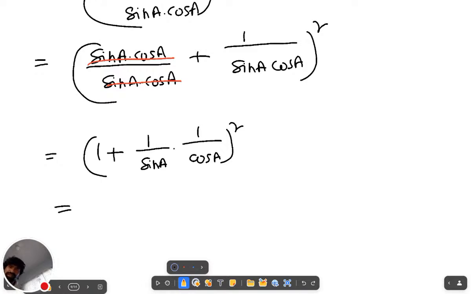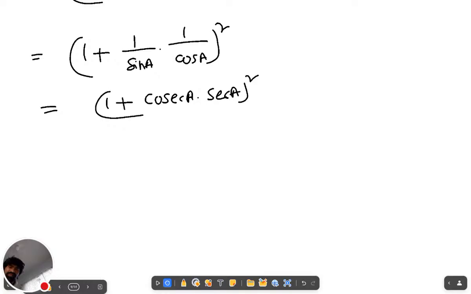Now 1 by sin A is equal to cosec A, and this 1 by cos A can be written as sec A whole square. So otherwise we can rewrite it as 1 plus cosec A into sec A, which can also be written as sec A into cosec A whole square as it is.